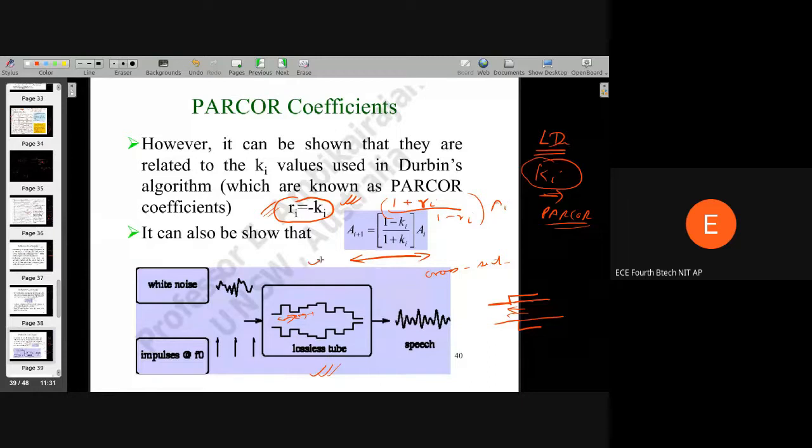This is another fallout of the LP analysis, another advantage of the LP analysis. For a particular sound, you can estimate the vocal tract structure as a concatenation of tubes, and you can find out the relative variation of the cross-sectional area of the tubes. So this is another advantage of LP analysis.